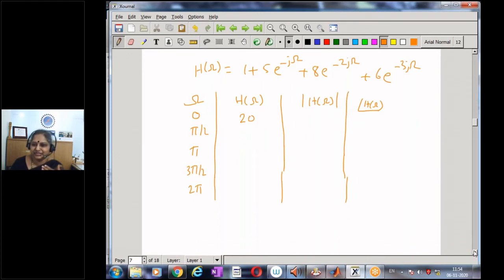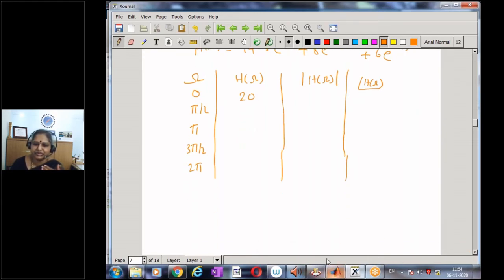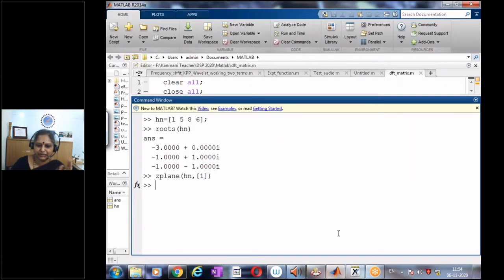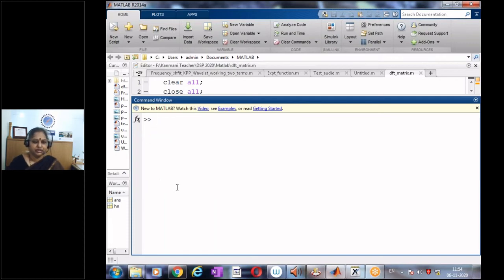But since we have it ready here, let me compute the same frequency response using MATLAB. Using MATLAB just because I'm convenient with it, no other reason. I just need some tool to do my computations. So let's define our omega as linearly spaced in the interval 0 to 2 pi.